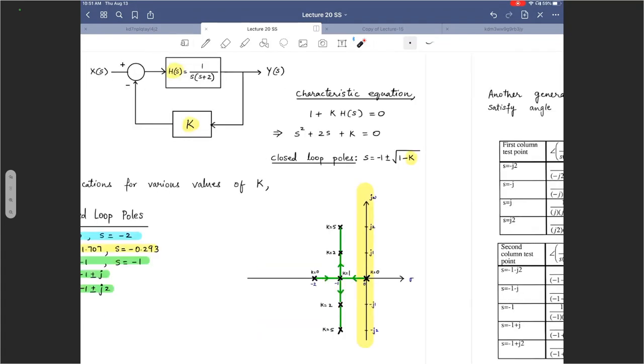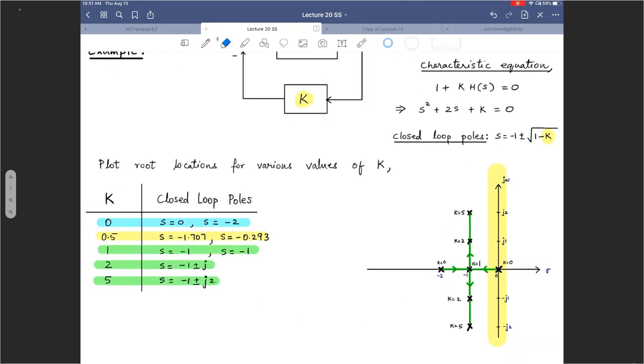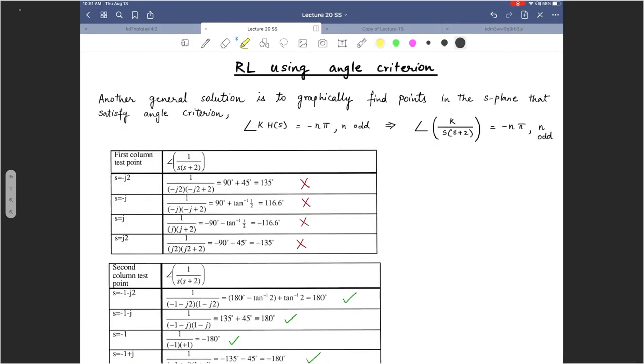We are evaluating it for this point first, right? What happens? Substitute over here, -2j plus 2, evaluate the angle, it comes out to 135 degrees, which is not an odd multiple of pi, right? So the first test point does not obey the angle criteria.